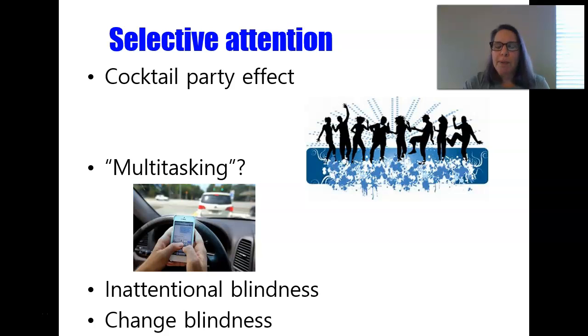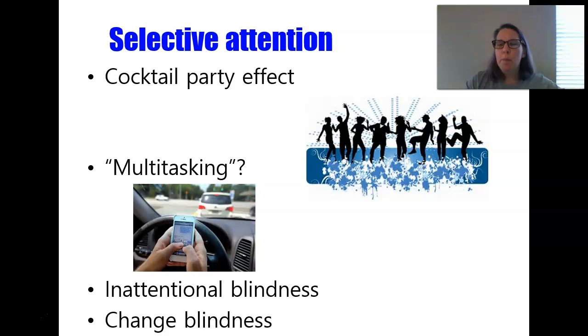All right, so a couple of the things we talk about in our senses and in our perception are things that are all under this sort of umbrella term of selective attention. So the first thing is the cocktail party effect. If you've ever been at a party or a big gathering with a lot of different people, and there's music on in the background and different groups of people are having different conversations, and you're really focused in on the conversation that you're having with your boyfriend or your girlfriend, and then all of a sudden, across the room, you hear your name and you're like, wait, what?